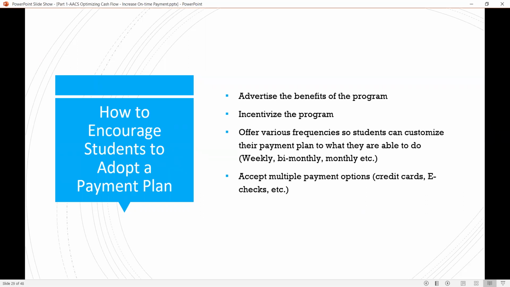You want to work with the school and the student, and give them different options. And also accept multiple payment options. You could accept credit cards, debit cards, e-checks, and so on.